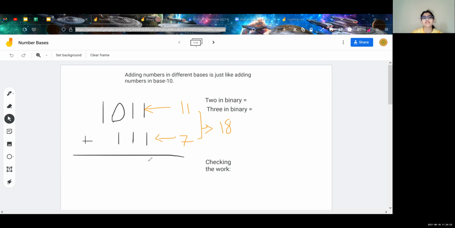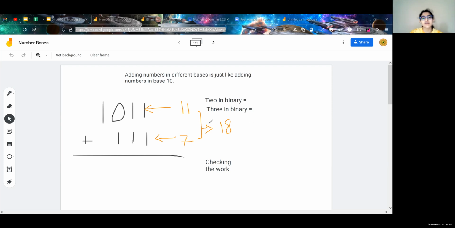But because we have already learned converting numbers between bases, you should just use converting rather than adding in the base itself. It's much easier to make a mistake when you're adding in the base itself, at least from my experience. If you are better at adding in the base, that's fine.